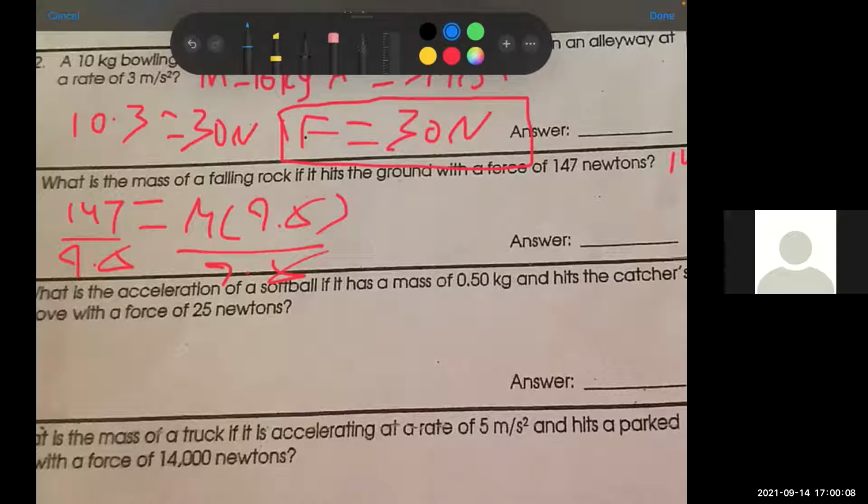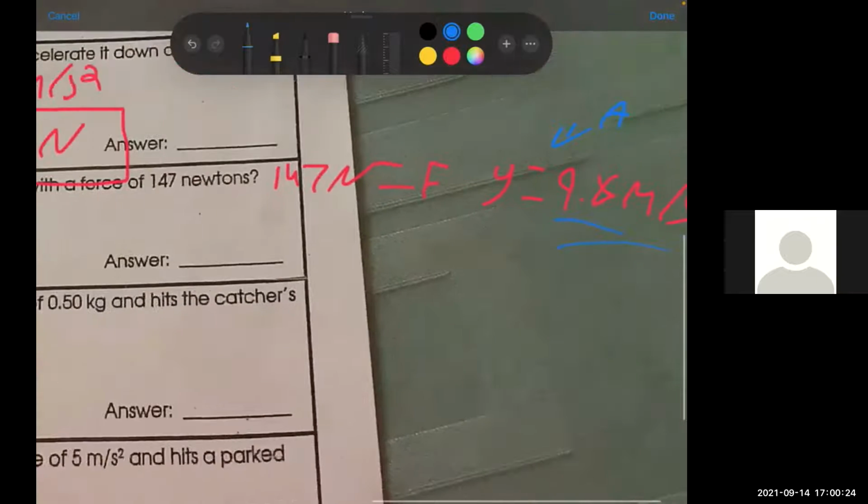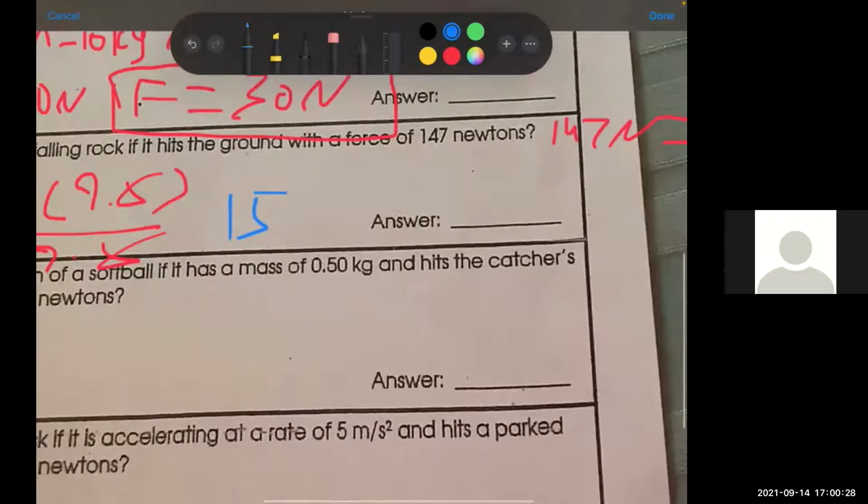Okay, so 147, plug it into your calculator, divided by 9.8, which you get is 15. So 15 kilograms.